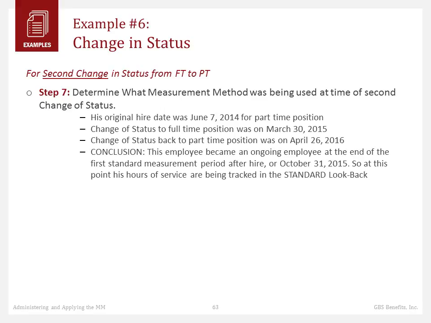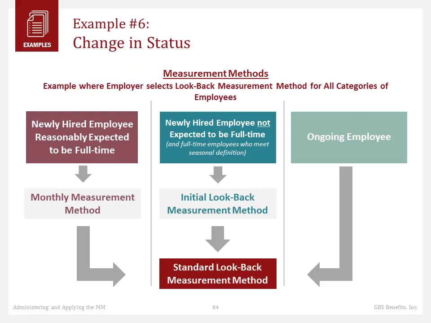So we're going to look at the rules for change in status under the standard. And again, here's the chart again so you can see that this particular employee is in the middle bucket: newly hired employee not expected to be full-time. He moved to the initial look-back measurement method, but now he's moved to the standard. He's completed the first standard, and so we're going to be looking at the rules that deal with standard.